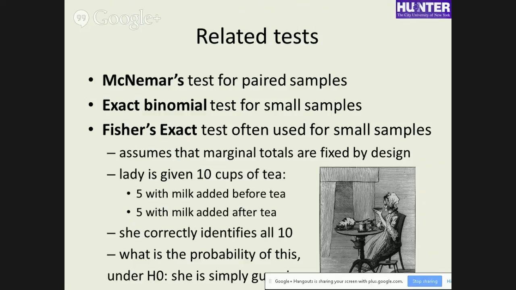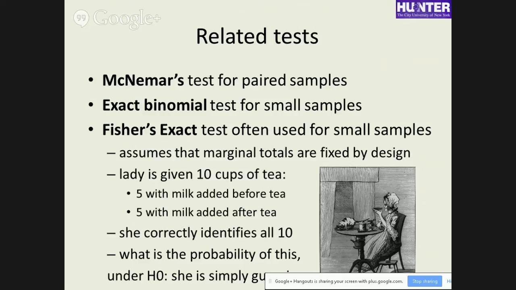So you can imagine that with fixed margins, in these tests, you're calculating the probability of getting an observed table of counts as extreme or more extreme than what you get from your sample. And that depends on what all of the possible observed values are.